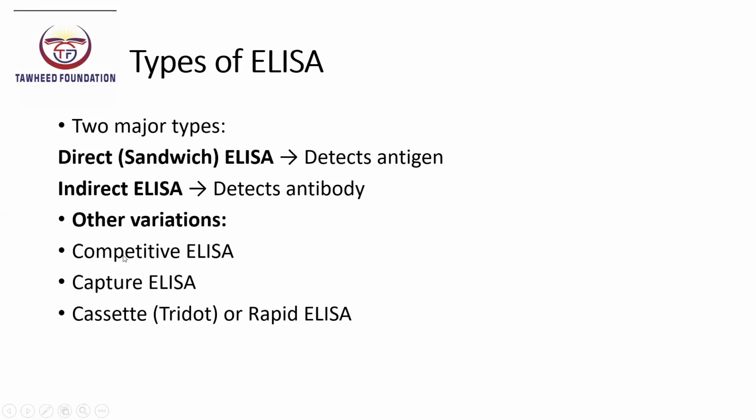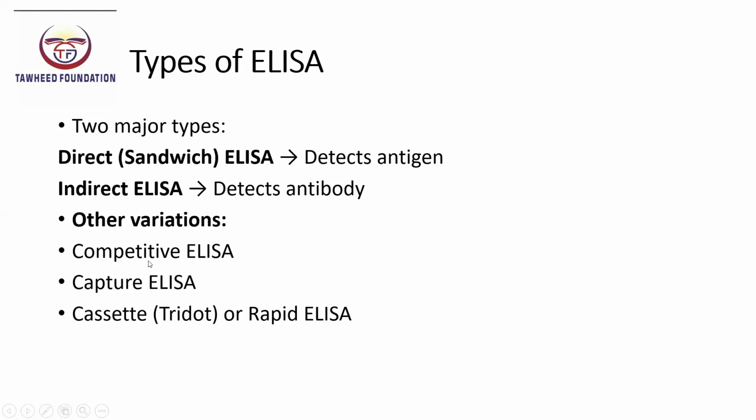Other variations, that is competitive ELISA, it measures antigen concentration based on competition with labeled antigen. Capture ELISA, it uses two antibodies, one for capture and one for detection. Third is cassette, that is TRIDOT or rapid ELISA, point of care disposable test.